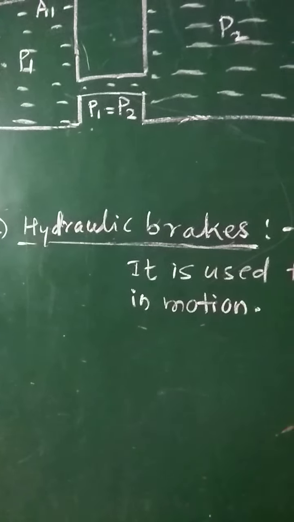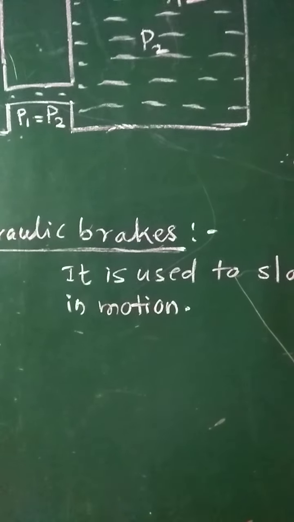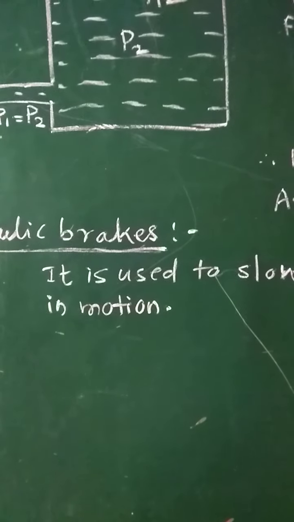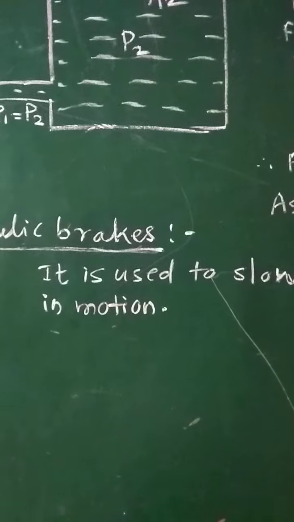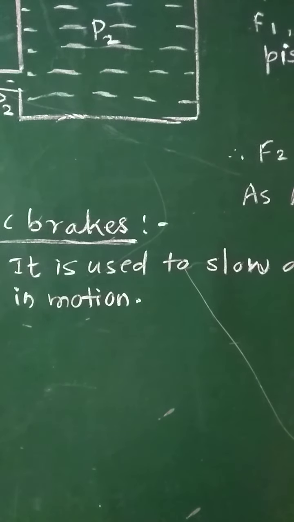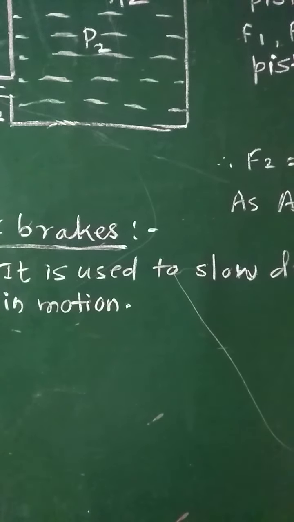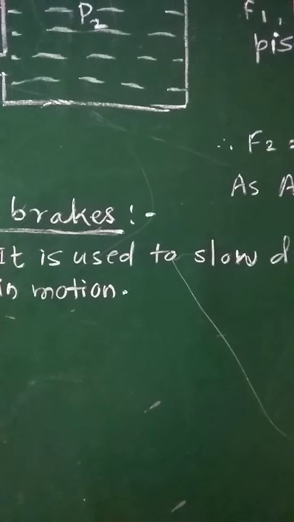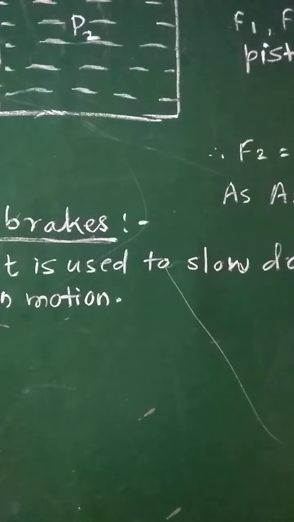In the case of hydraulic brakes, by pressing the brake pedal, the piston of the master cylinder is pushed in the forward direction. As a result, the piston in the slave cylinder, which has a much larger area of cross section, also moves in the forward direction so as to maintain the volume of oil constant.